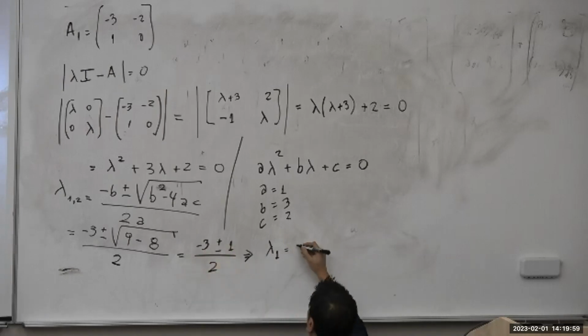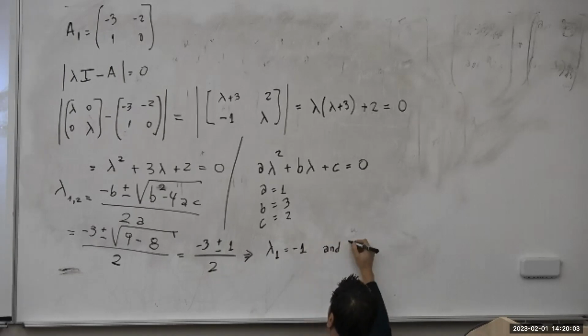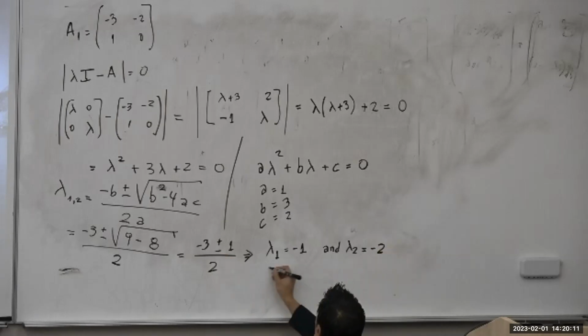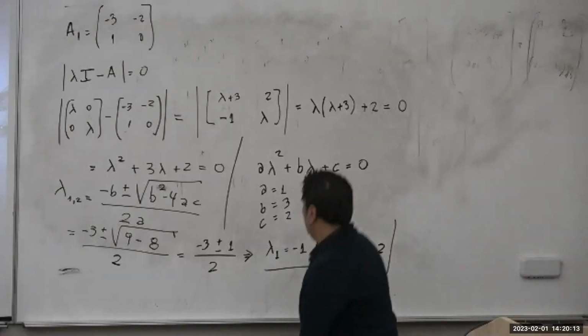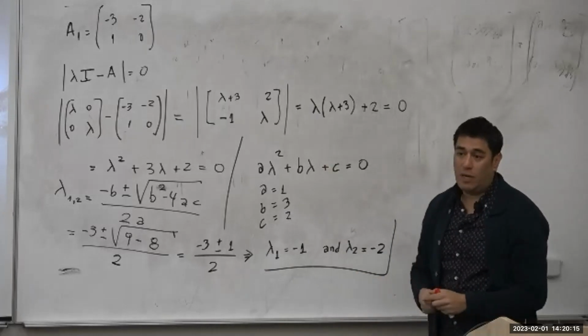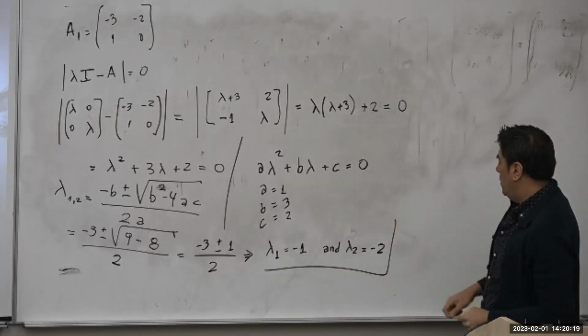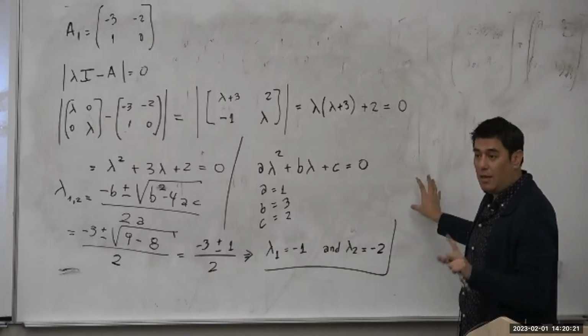That's -2 divided by 2, which is -1. And the second solution, when this is negative, then you have -4 divided by 2, which is -2. So we have two eigenvalues for that system. Do you remember this? Yeah?